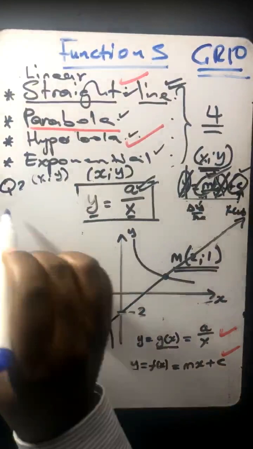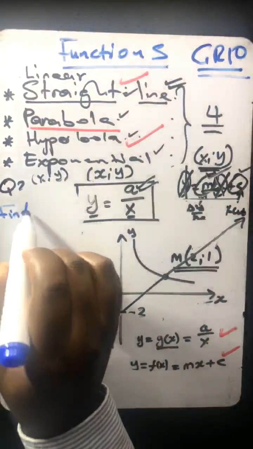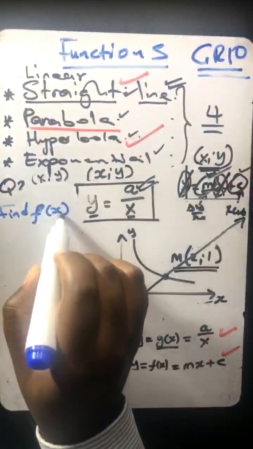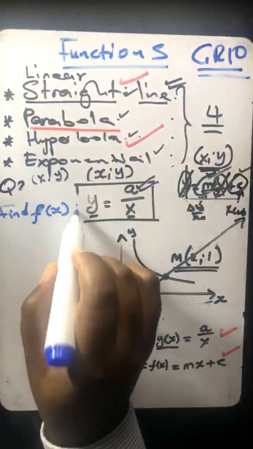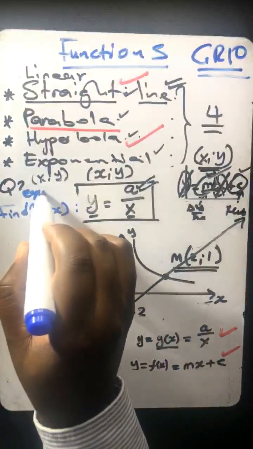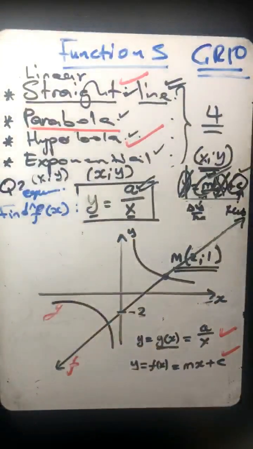Let's say the question says find f of x. Find an equation, not just f of x, but they say find the equation of f of x. Anyone who knows whether they want an equation of a hyperbola or a straight line?